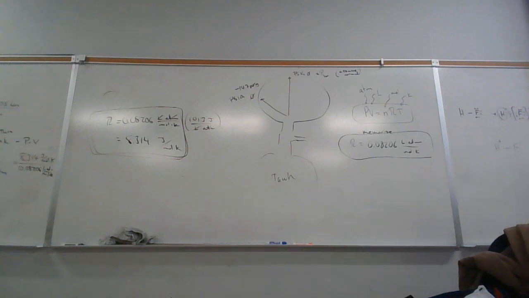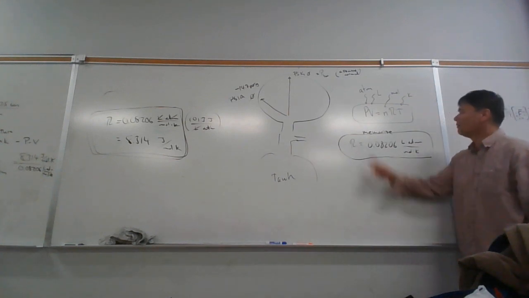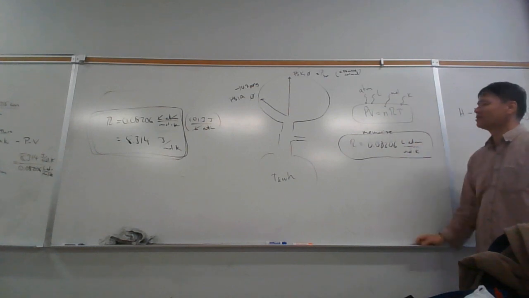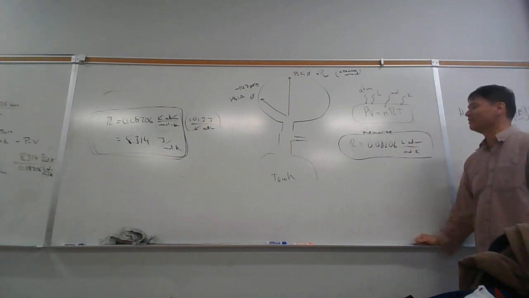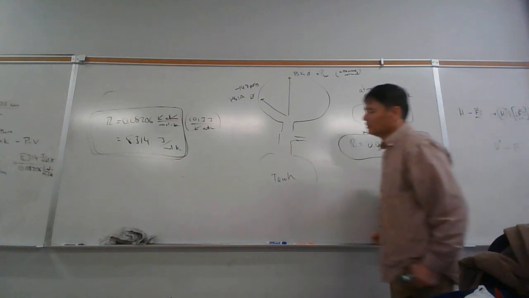Applications of the ideal gas. Ideal gas applications are pretty straightforward. We have 1, 2, 3, 4, 5 things. If we're given 4 out of the 5, then we can calculate the fifth just using algebra. And so that's it.